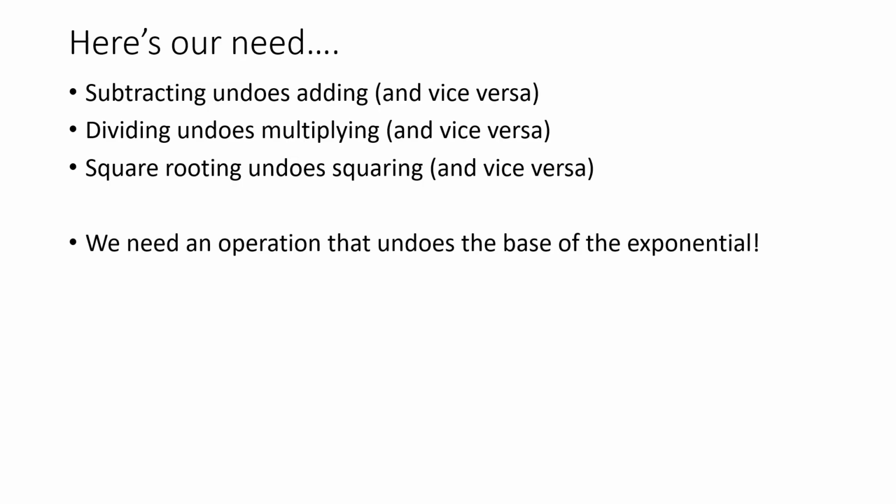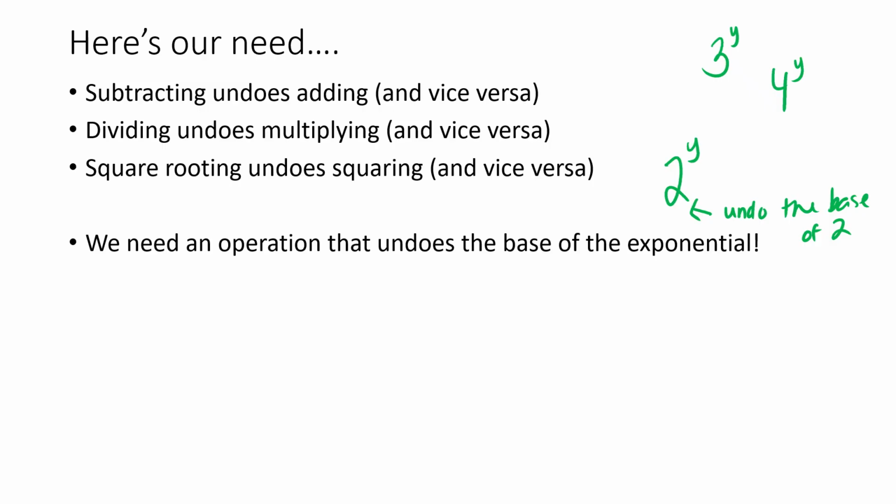So we need an operation that undoes the base of the exponential. In other words, if I have this 2 to some power, I need a way to undo the base, in this case 2, but hypothetically, if you had a 3 or 4 or anything else, you would need a way to undo that.